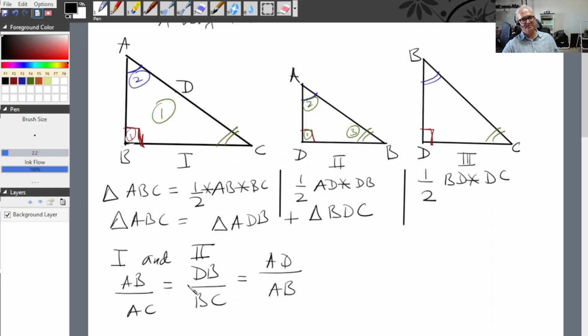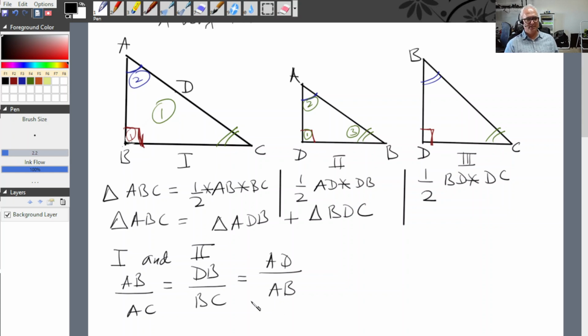So we get this relationship by Euclid's book 6, proposition 4, proportionality of similar triangles.